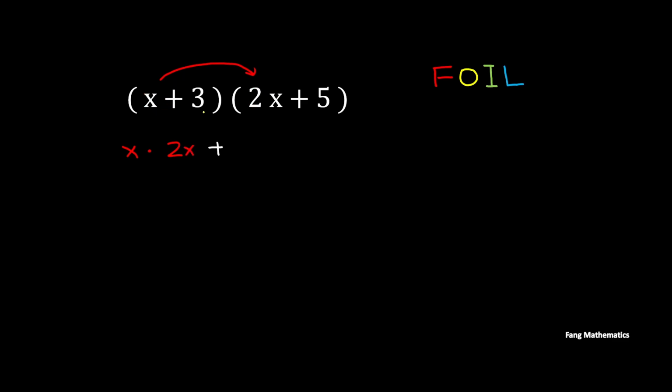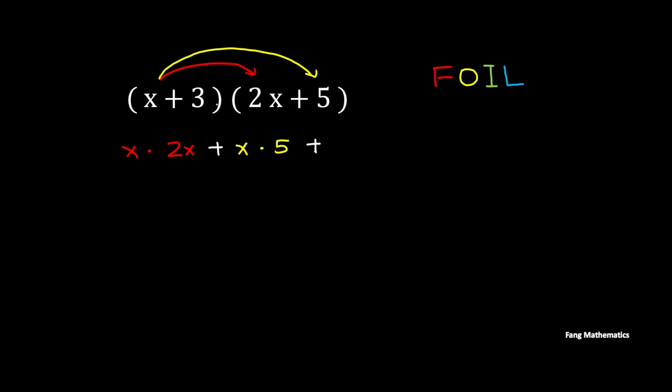The next, you have O. O tells you outer, so x and 5. x times 5.